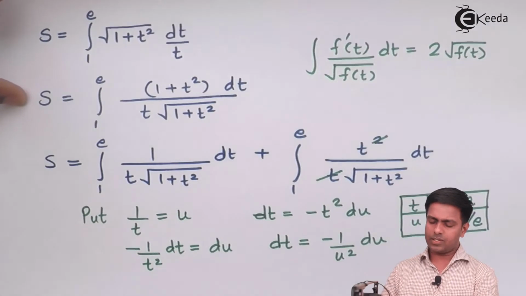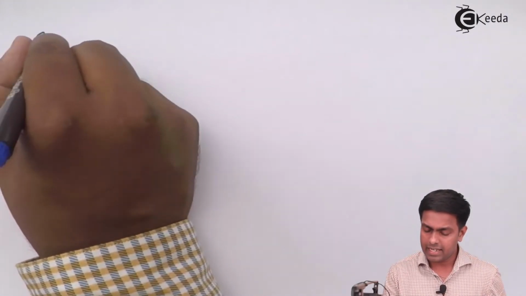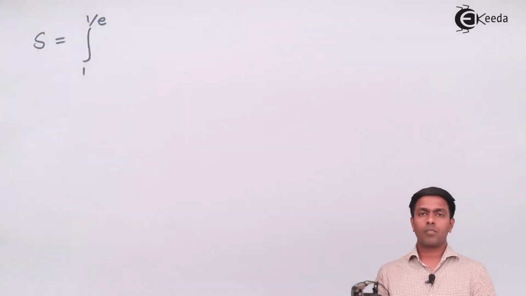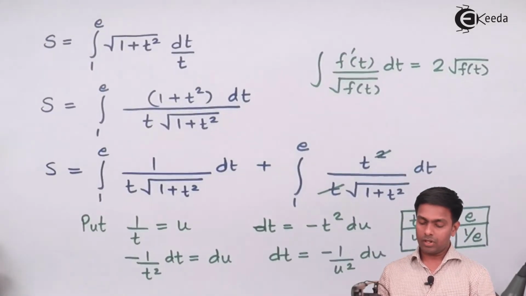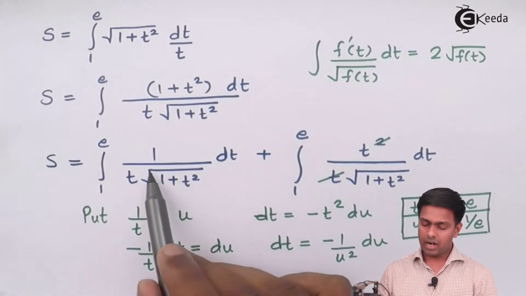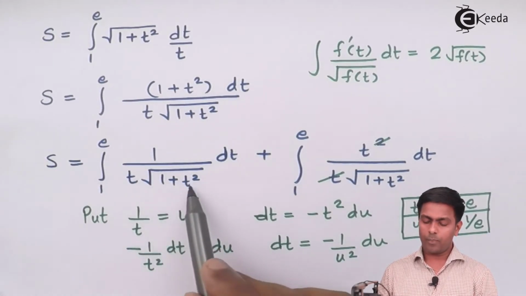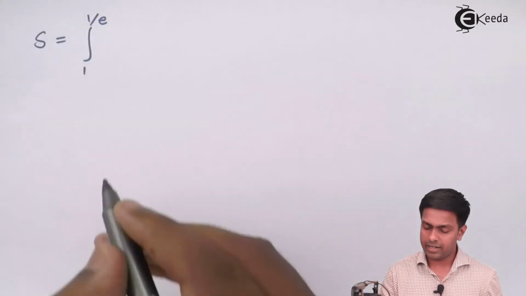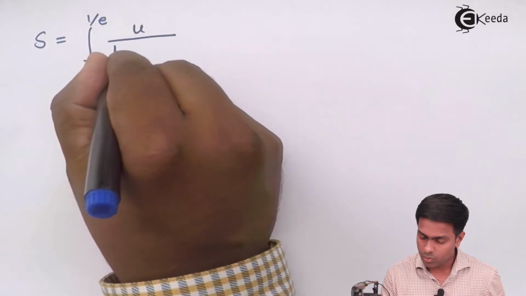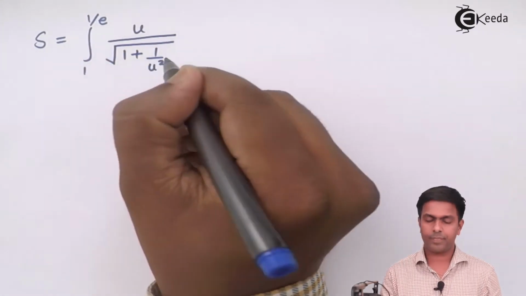So let's see what we get here. So in the first integration, I'll get s as integration 1 to 1 upon e. Here now 1 upon t is u, and under root, here we will get 1 plus 1 upon t the whole square. So here I'll write u upon under root 1 plus 1 upon u square.